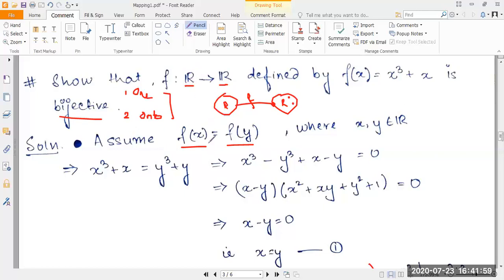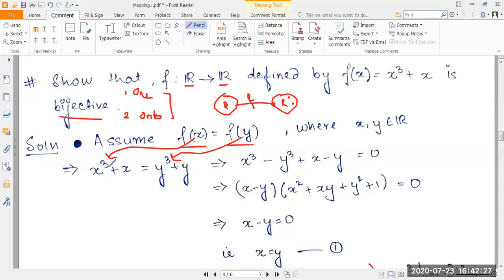So any element on this side will be a real number. If we assume that f(x) equal to f(y), then by this function, f(x) should be equal to x cube plus x and f(y) should be equal to y cube plus y. So x cube plus x should be equal to y cube plus y. What we do next is we transfer these two terms on the right hand side of the equality sign to the left hand side.